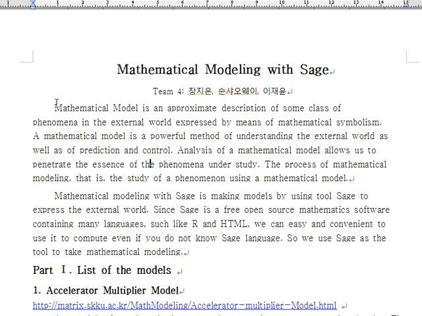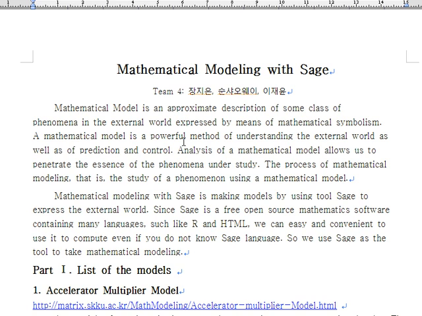The mathematical model is like what I introduced, and mathematical modeling is the process of making the models. That is the study of a phenomenon using some tools.